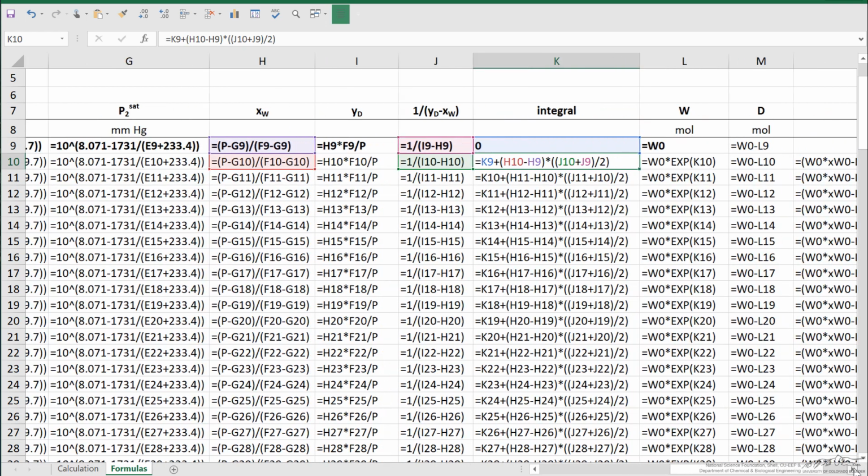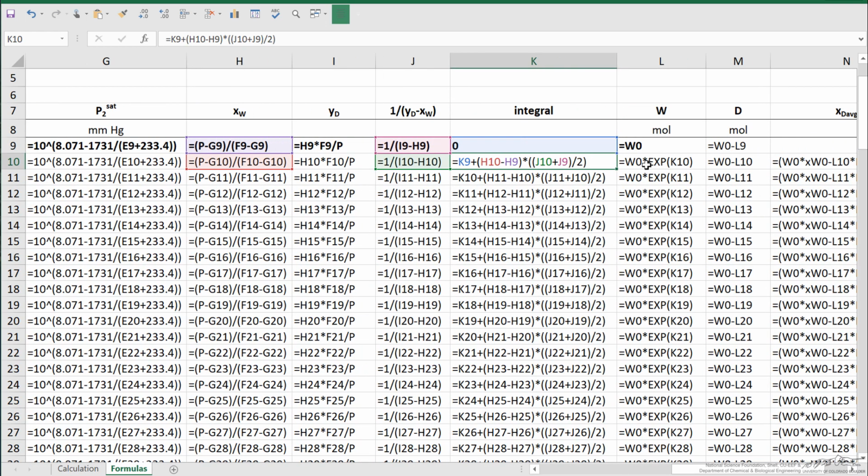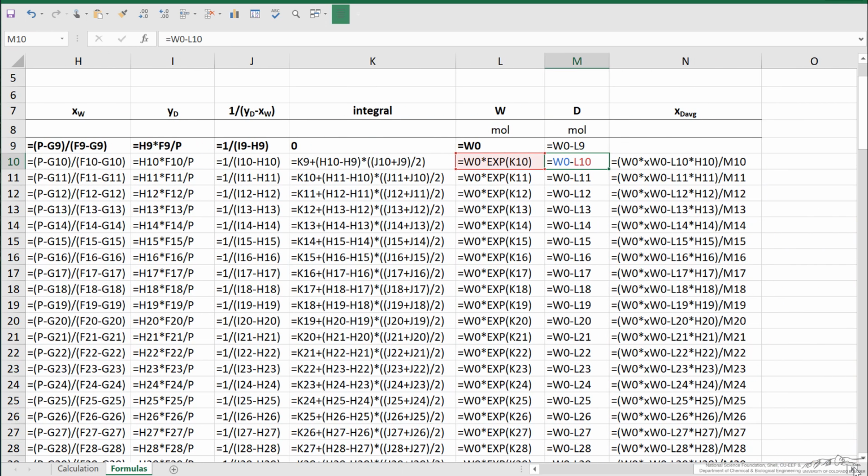To get W, I take W0, which I've defined elsewhere on the spreadsheet, the starting number of moles in the still, times the exponential of this integral term. Then I use just a mass balance to get D, and then the average. This is also from a mass balance. So a spreadsheet is a very efficient way to do this integration, and very quick to do the calculation.